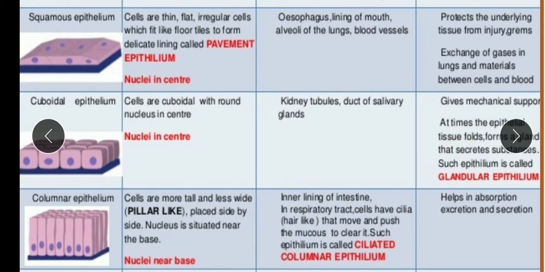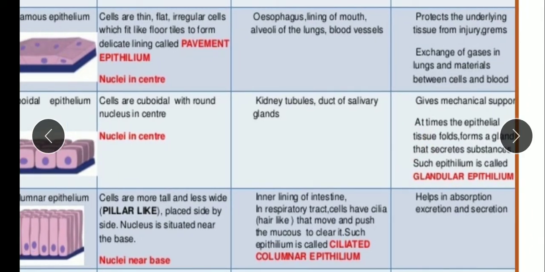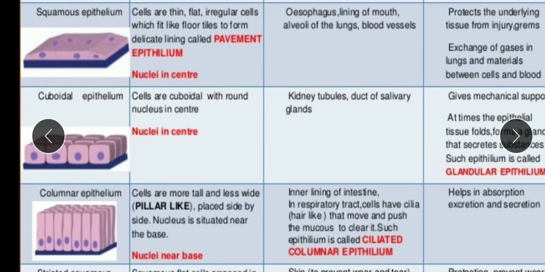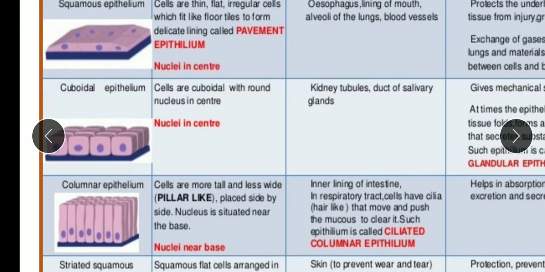It may be made up of columnar too, because glandular epithelium is based on function. It means if this epithelium is present in the glands, then it is known as the glandular epithelium, which secretes certain substances. So glandular epithelium may be a type of columnar epithelium or a type of cuboidal epithelium.